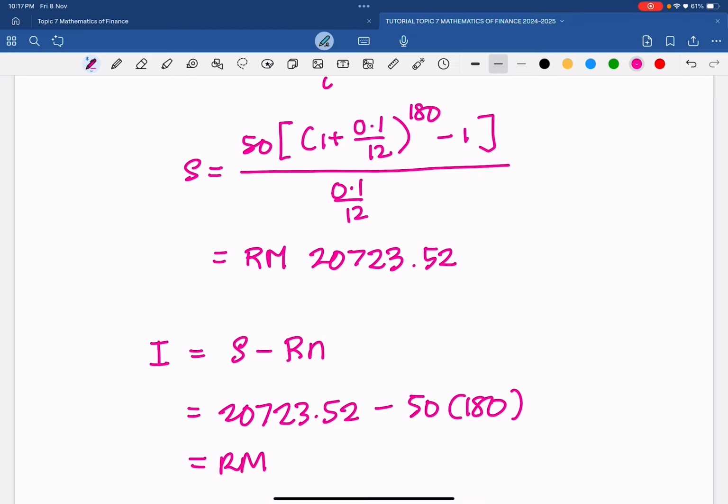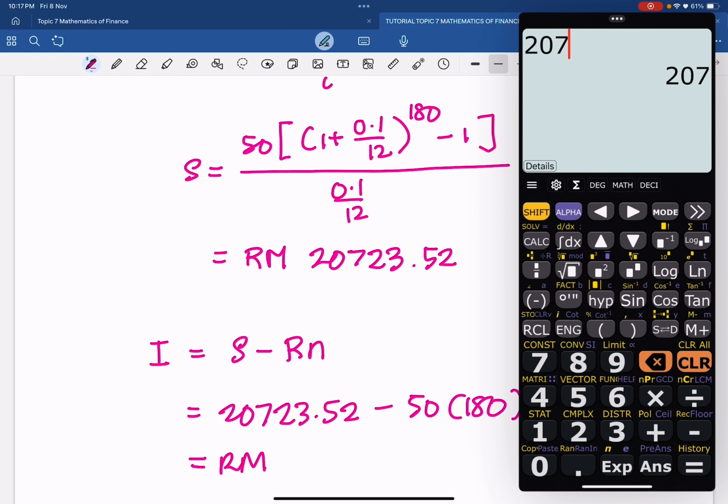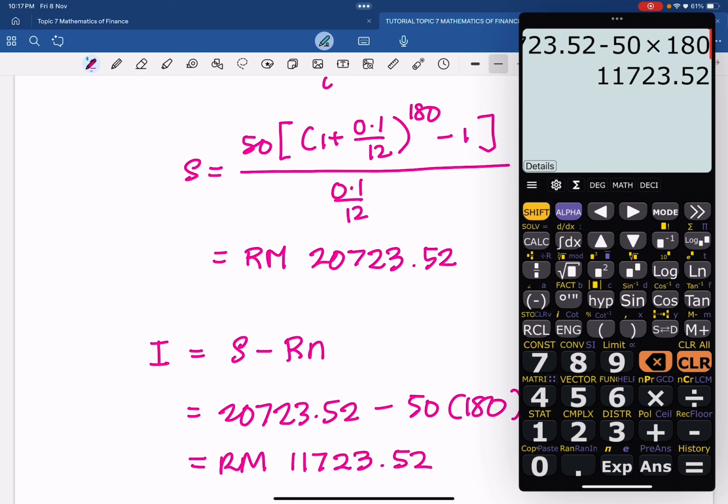So the interest that's going to be earned is $11,723 and 52 cents.